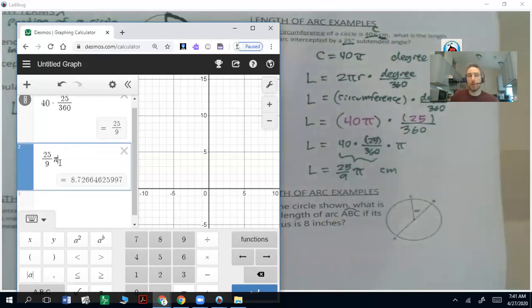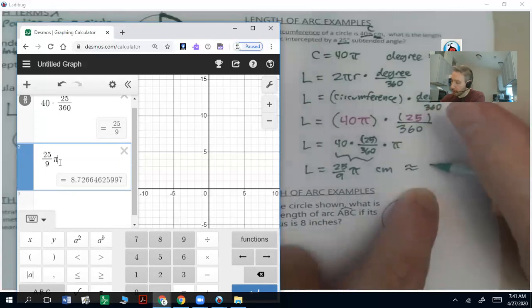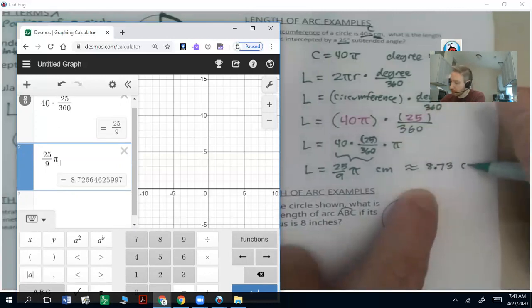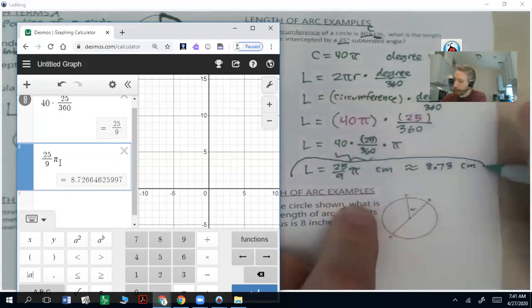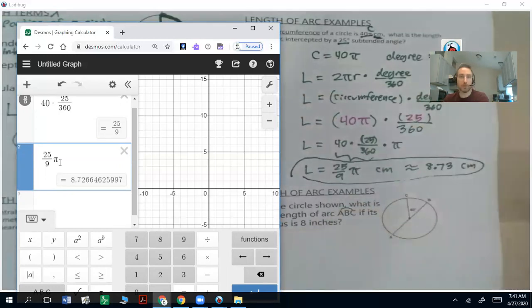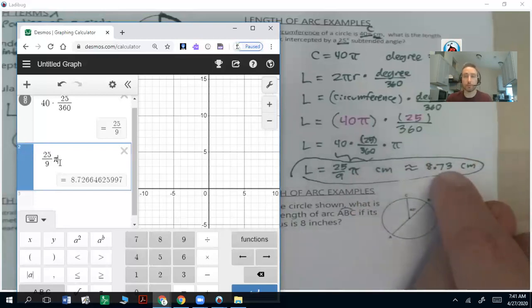That's going to give you about 8.7266. So we'll say it is approximately 8.73 centimeters. Either one of those answers is acceptable if it doesn't specify: 25 over 9 pi, or 8.73 if you round it.